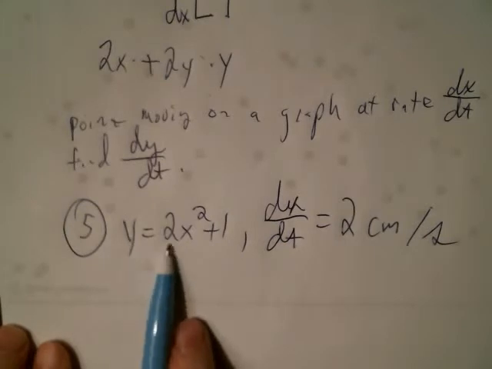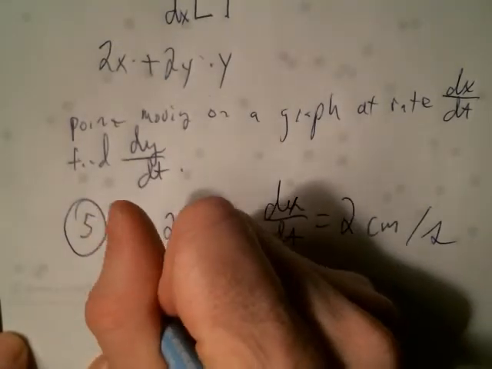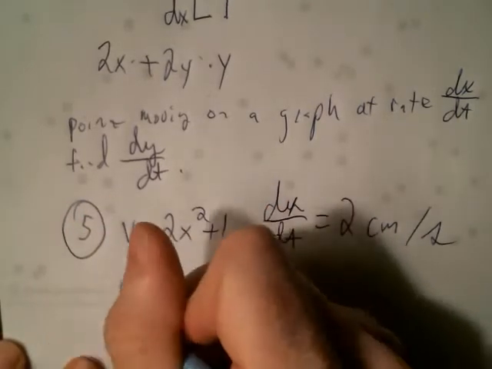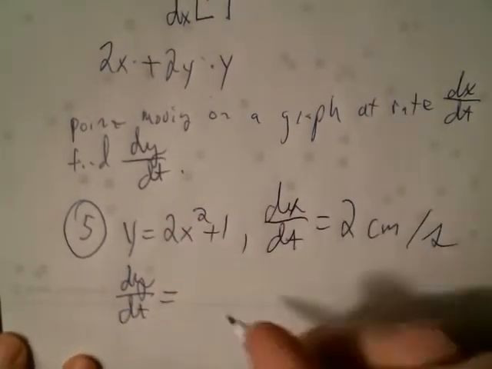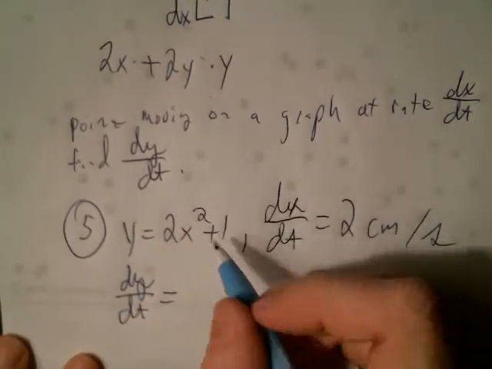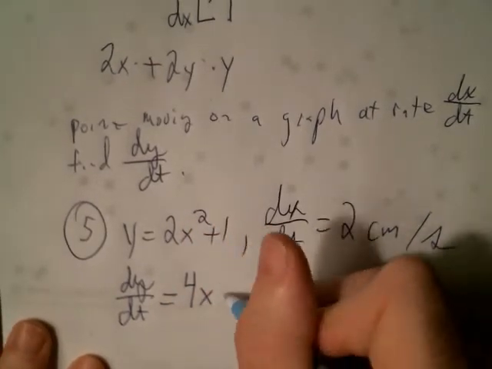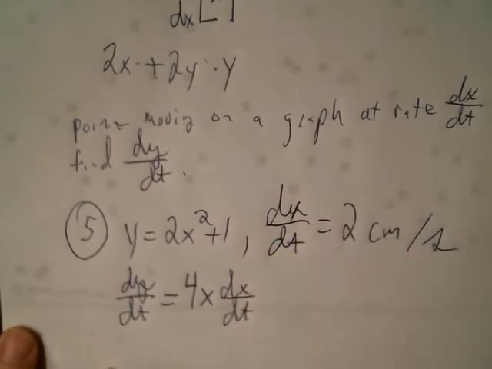Well, you're going to take the derivative of this implicitly. So we'll have the derivative of y is 1 times the derivative of y with respect to dt equals, let's take the derivative of 2x squared, which will be 4x to the first times the derivative of x with respect to t, and then the derivative of 1 is just 0. Okay?